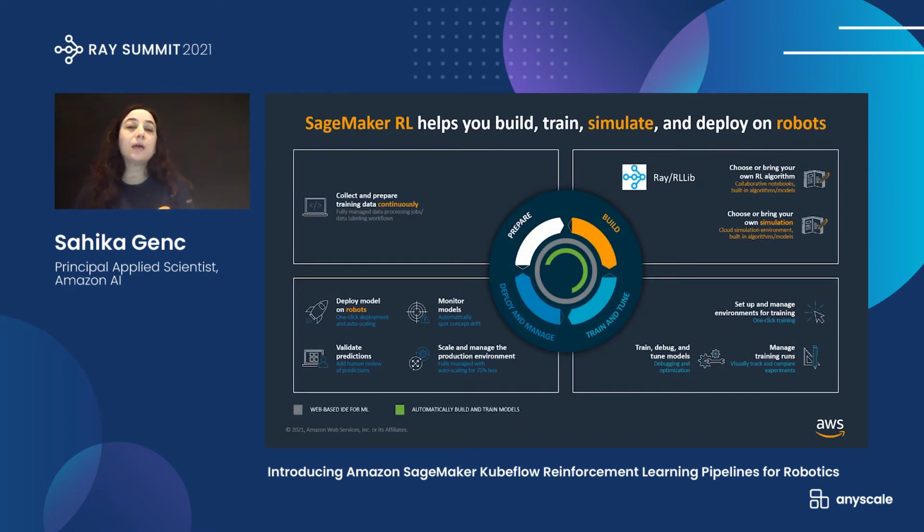Let's first take a look at the new things that we have to add into our SageMaker and/or machine learning workflow. First of all, our machine learning workflows were using relatively static data. So you actually collect your data, you prepare it, and then you provide it to your training algorithm.